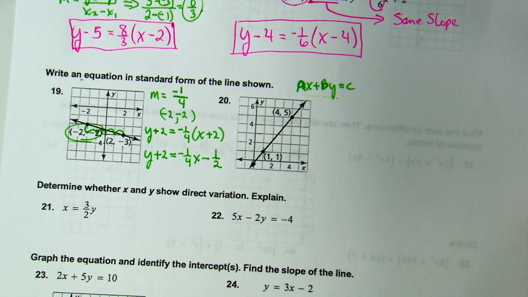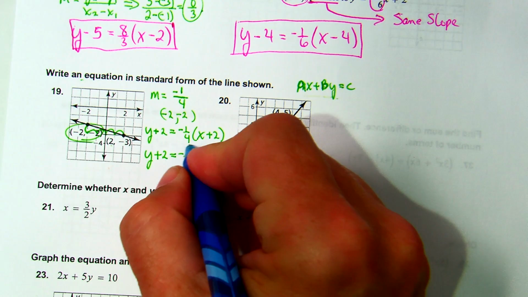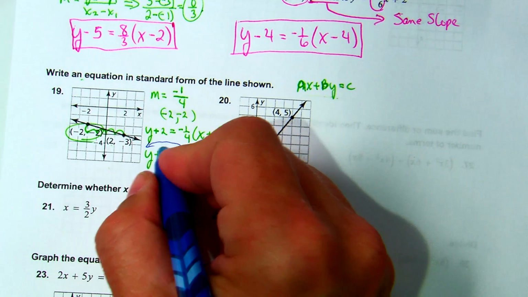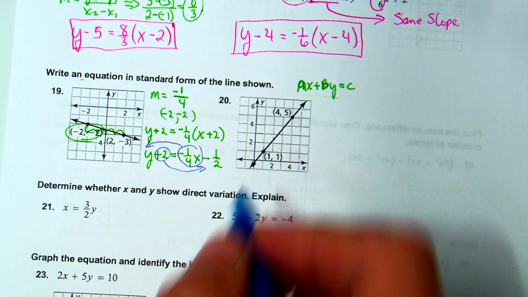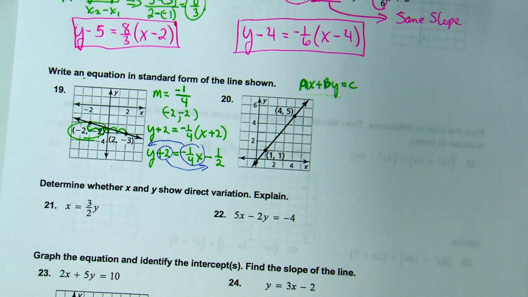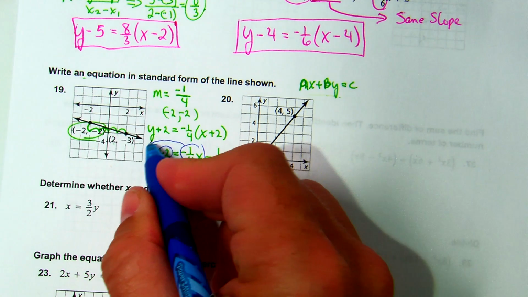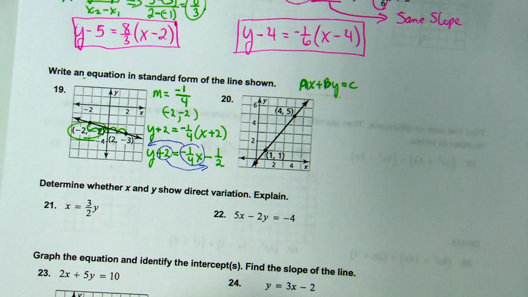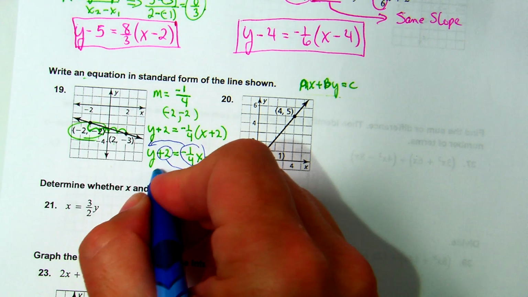Now, standard form says that I need the x term over here with the y term, and I need all my constants on the right. So I'm going to move the -1/4 x across, which will change the sign. I'm going to move this 2 across, which will also change the sign, and I'm going to rewrite this over here.